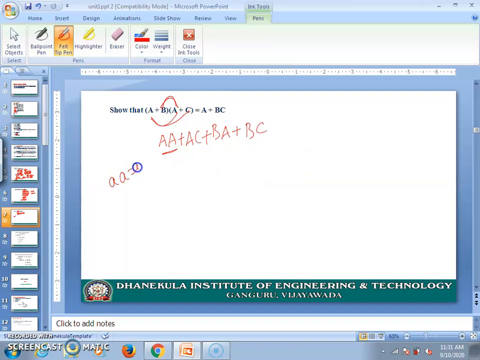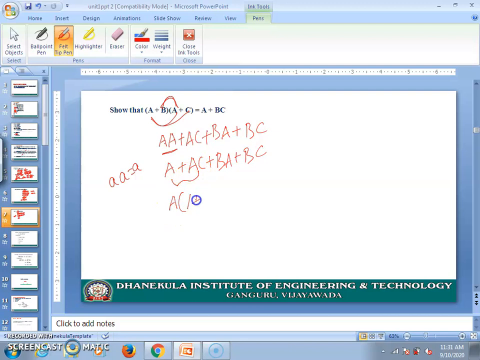A into A is equal to A. This A into A is equal to A, plus AC plus BA plus BC. So here if you observe these two terms, here A is the common term. Again I am taking A as common.